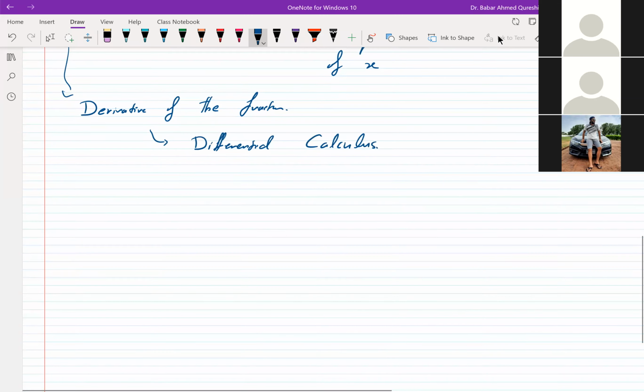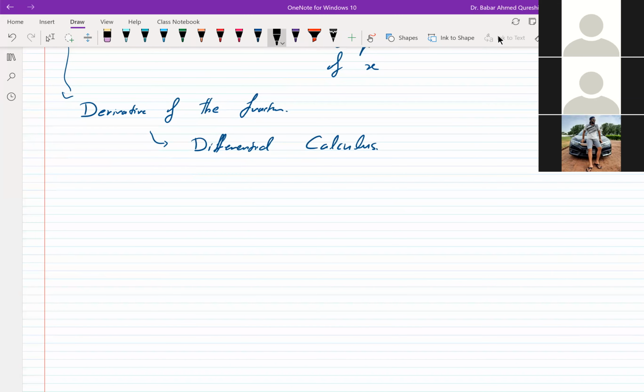Now, moving on with some more discussion of it. We took the metaphor of motion last time. Let me consider another example today, and this is the metaphor of the hill.